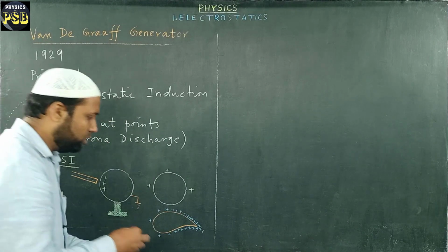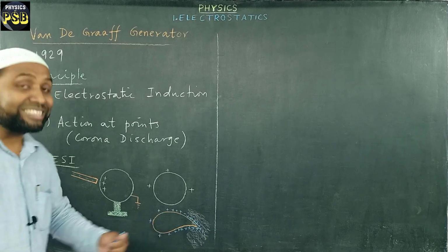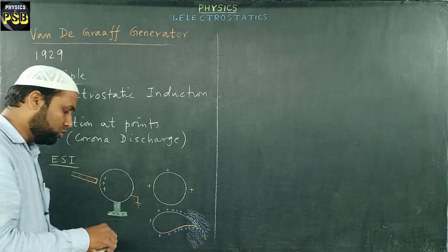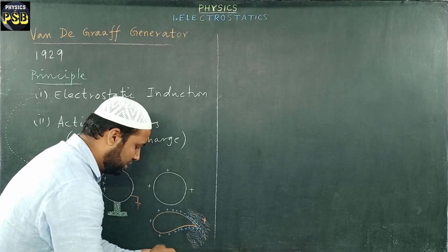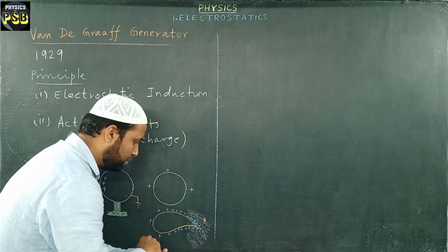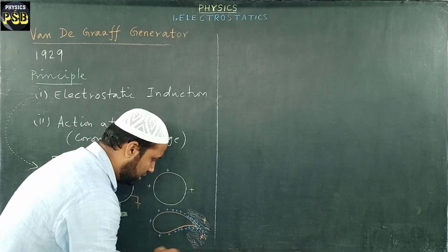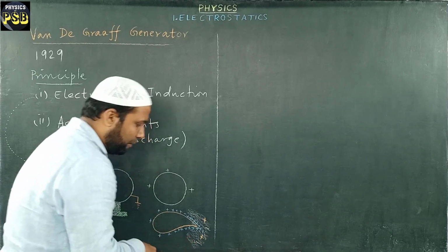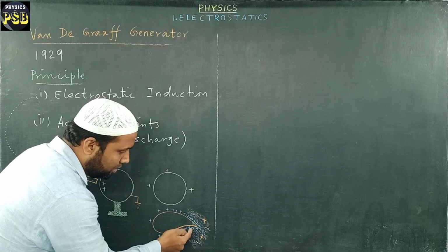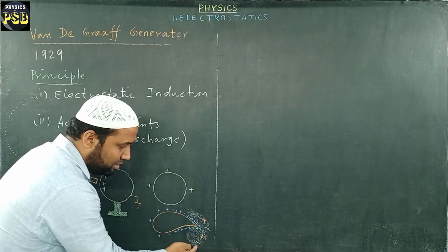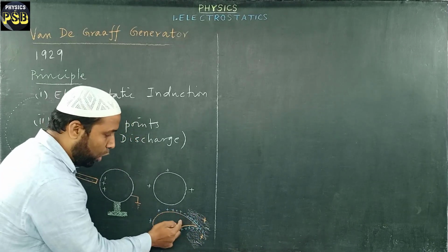The air in its surroundings gets ionized. The molecules acquire positive and negative charge. These positive charges get repelled, whereas the negative ions get attracted by this object.